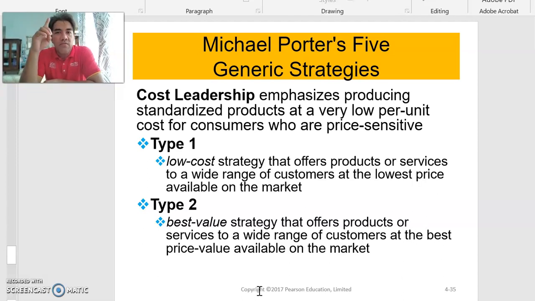The first thing, all of the cost leadership types of products are standardized products, meaning household items that everybody can purchase because they are very low price, with low per unit cost, for consumers who are price sensitive. Price sensitive means that if they increase the price, we will switch to another brand.